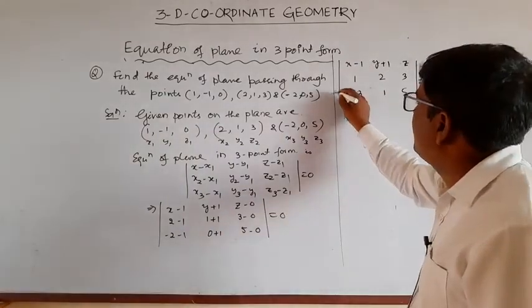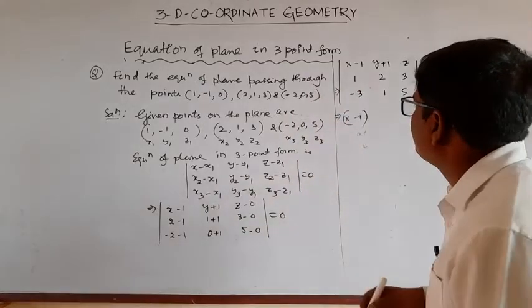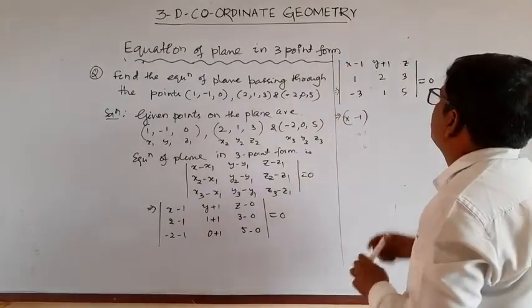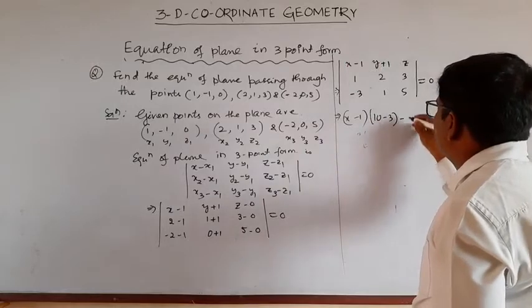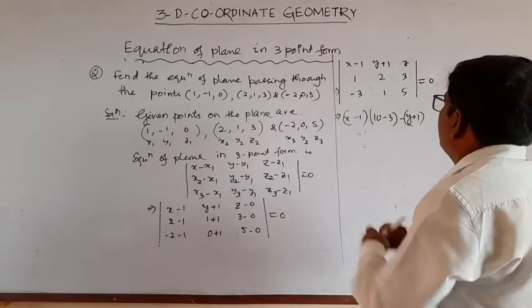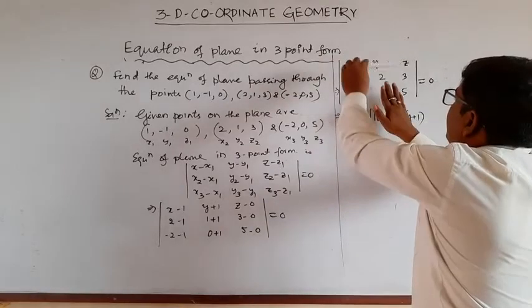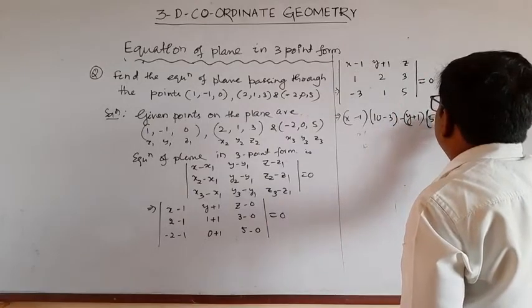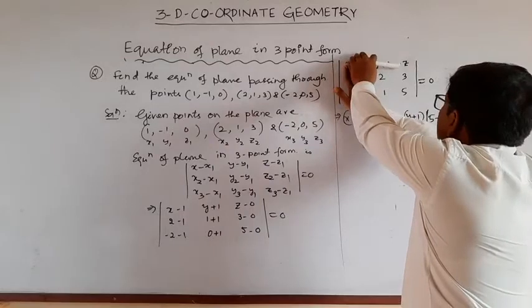X minus 1 into what? X minus 1 into 10 minus 3, minus y plus 1 into, cover this, 5 plus 9. First x minus 1 into 10, that is 10 minus 3.